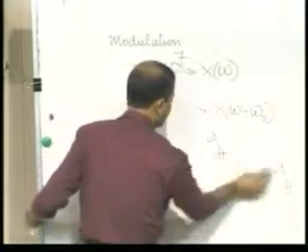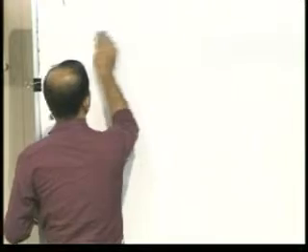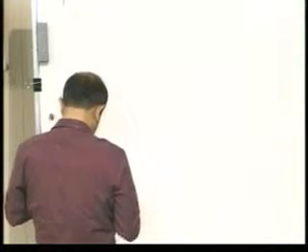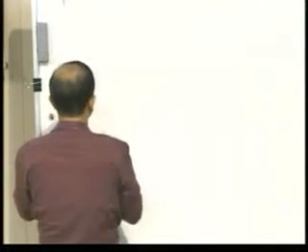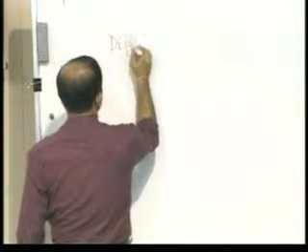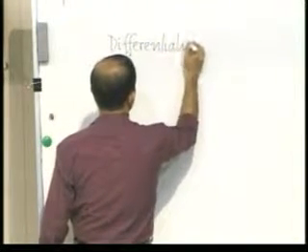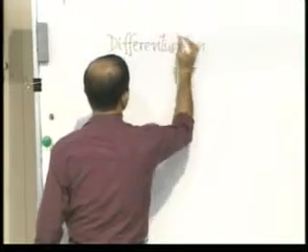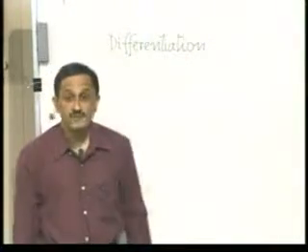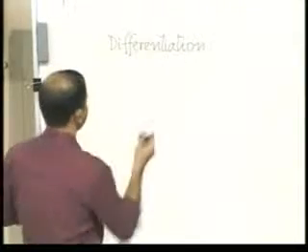We now come to the next property of the Fourier transform, namely what happens when we differentiate. So let's study the effect of differentiation. Now, for this purpose, let us write down not the Fourier transform relationship, but the inverse Fourier transform relationship.